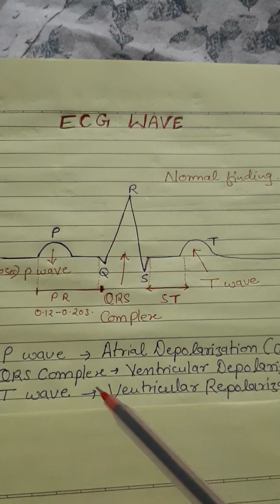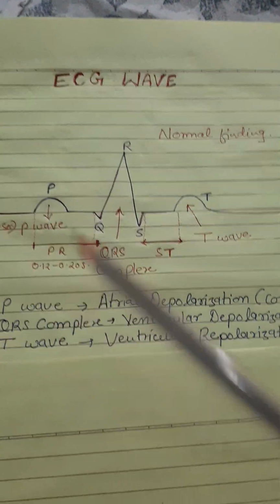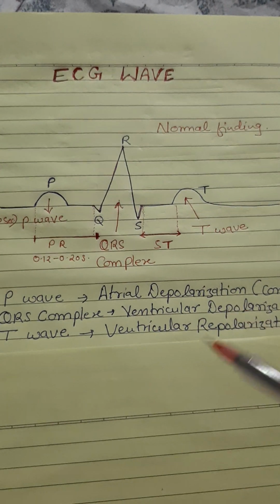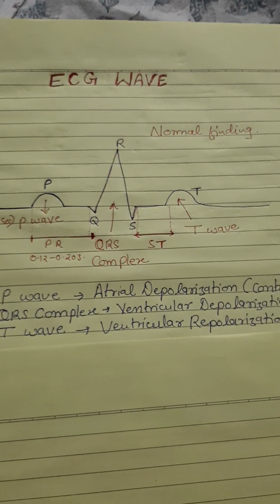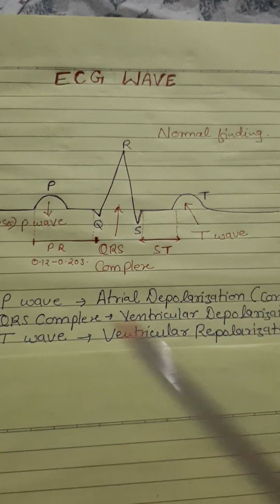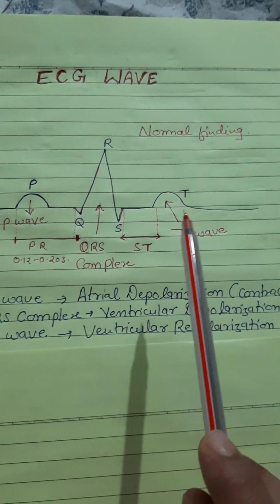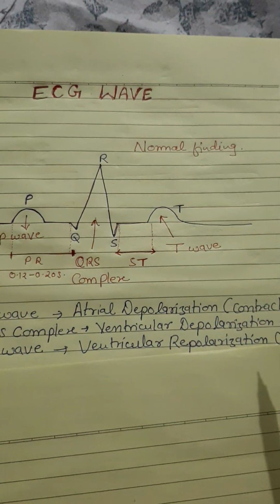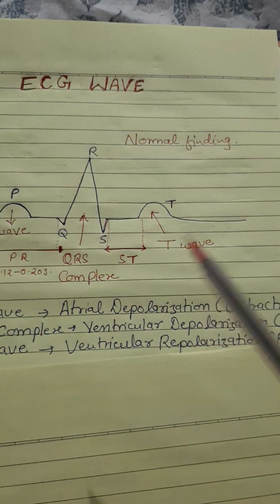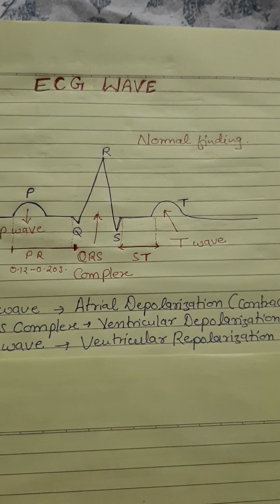But if you find something abnormal on the ECG paper, you can identify some pathological condition. This is the normal finding, but if you find something beyond it, it may indicate a pathological condition.